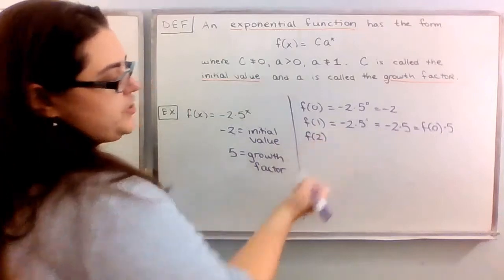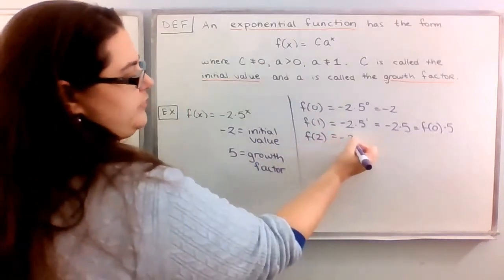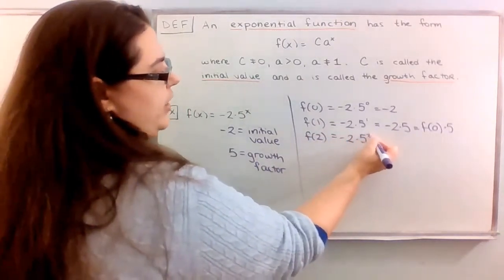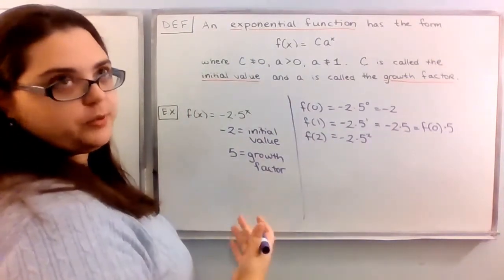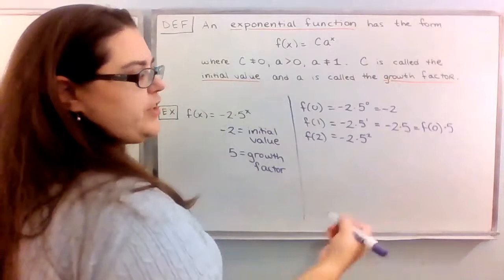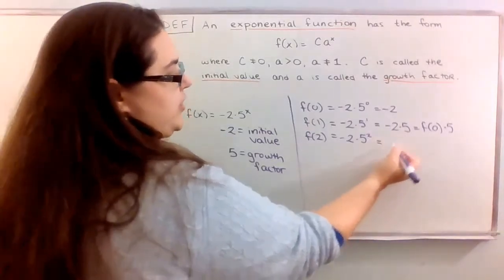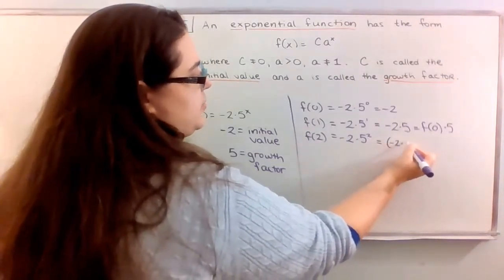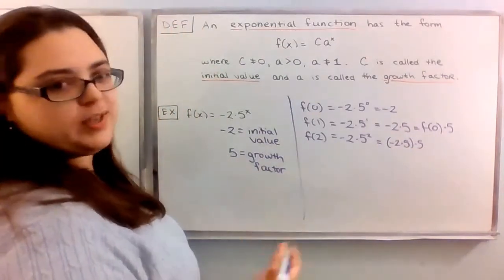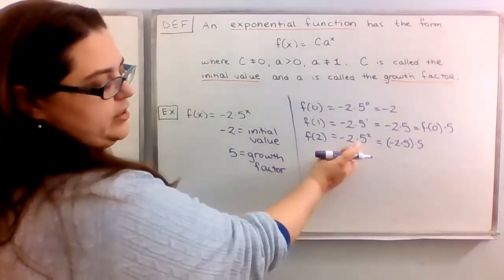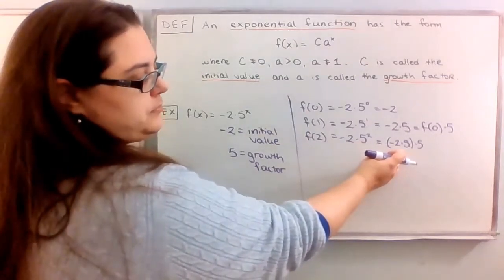When I find f of 2, that's going to be -2 times 5 squared. I'm going to use the associative property to regroup this a little bit. 5 squared is 5 times 5, so I'm going to write this as -2 times 5 times 5. We would get the same thing whether we evaluated this expression or this one.